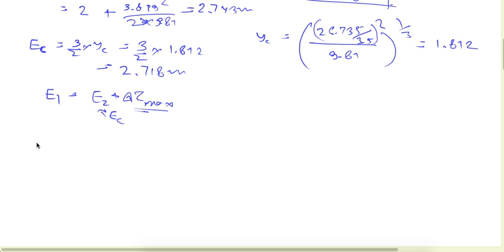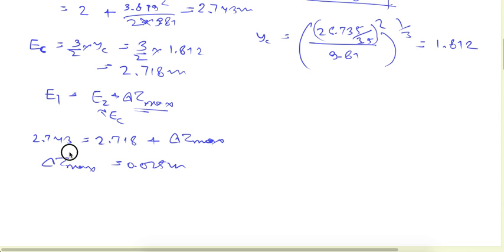E1, as we found out, 2.743, is equal to E2, 2.718, plus delta Z max. So delta Z max is equal to 0.025 meter.